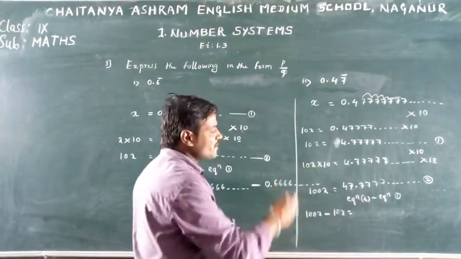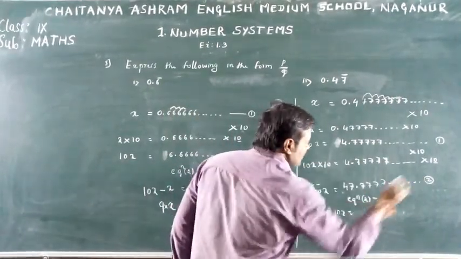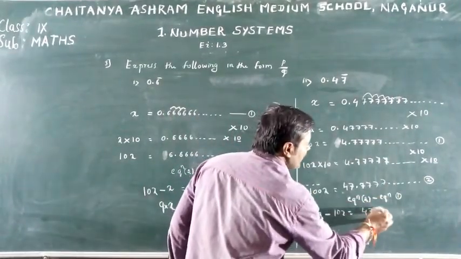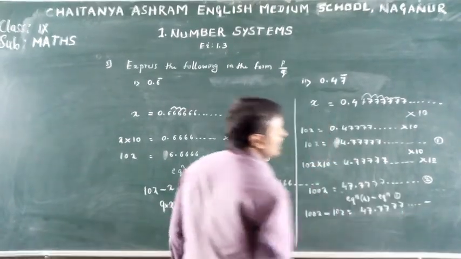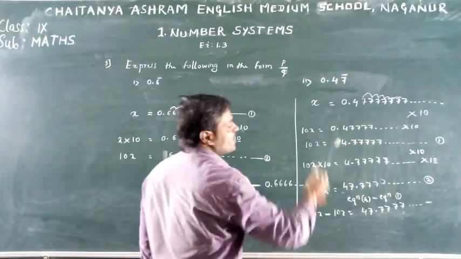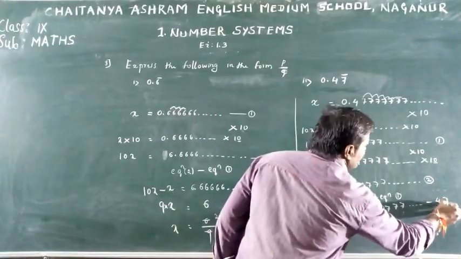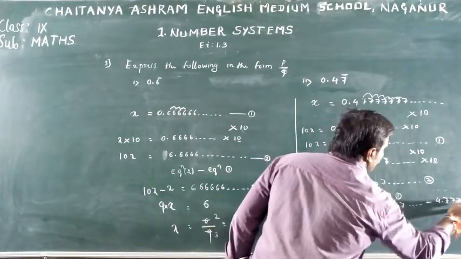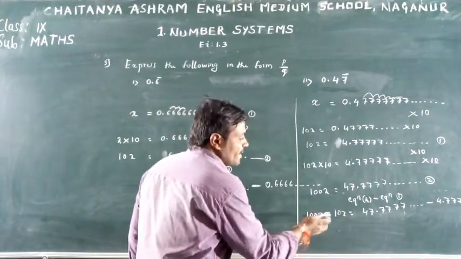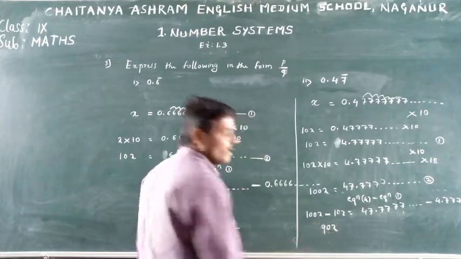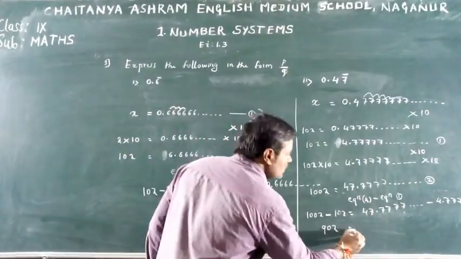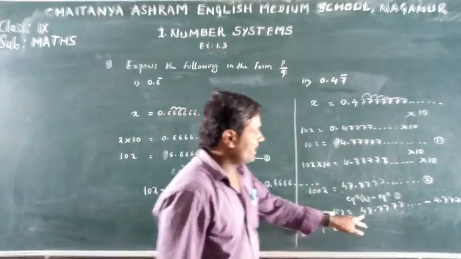Subtract RHS from RHS. The RHS of equation 2 is 47.7777, and so on, minus the RHS of equation 1, that is 4.777, and so on. So 100x minus 10x is 90x, equal to the final difference.